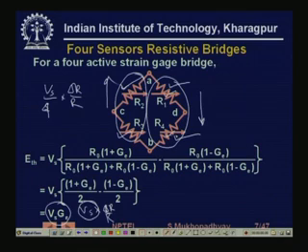So therefore the resistance change due to the temperature is not going to affect the bridge ratio, and therefore we can make our bridge output voltage completely insensitive to the variation in the temperature. This is also another advantage of having a push-pull configuration and a 2 or 4 arm bridge.